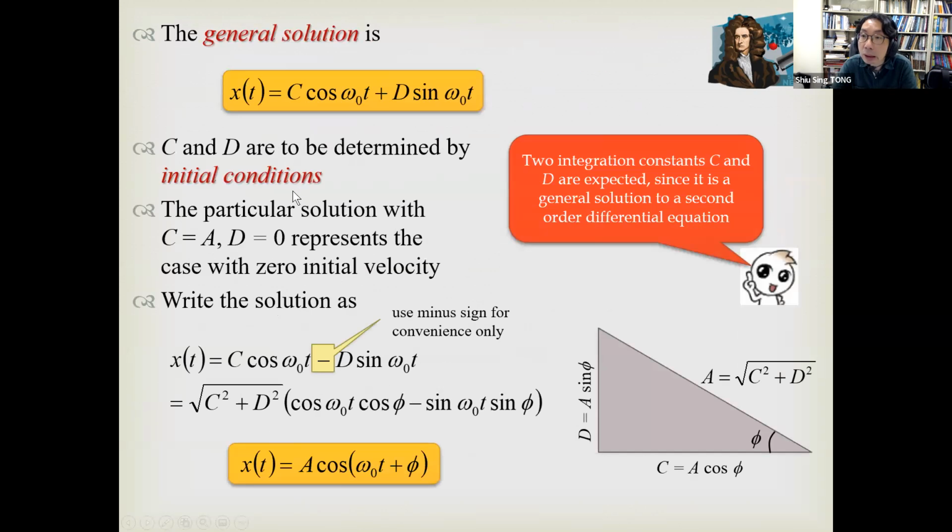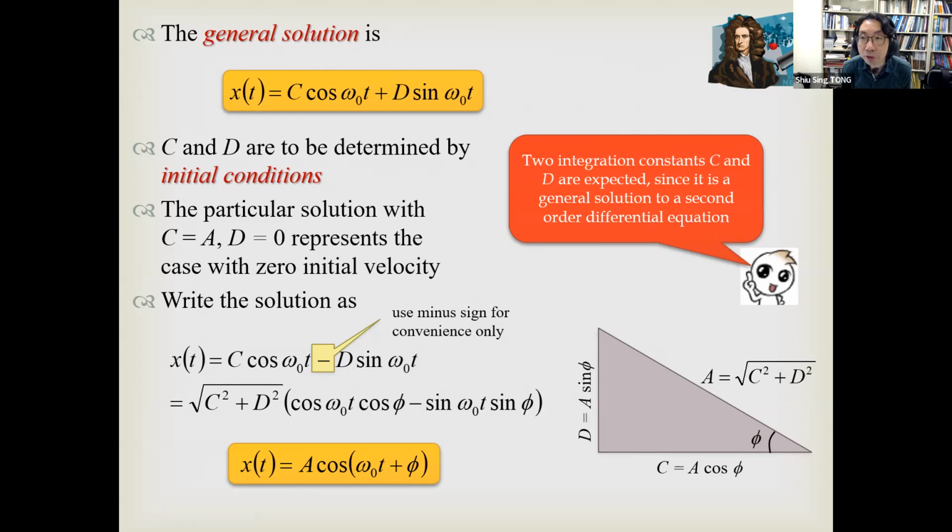In fact, we have mentioned that this linear combination of a sine and a cosine is the most general solution to this problem. Now, this general solution contains two undetermined constants, which are to be determined by the initial condition.